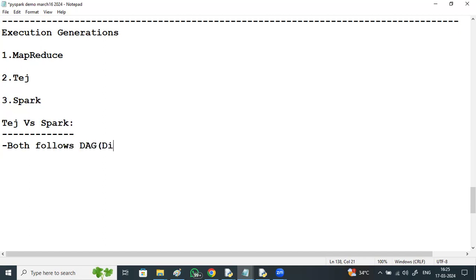DAG means directed acyclic graph. Both follow the directed acyclic graph model. I'll discuss this DAG later, but both follow the DAG model.